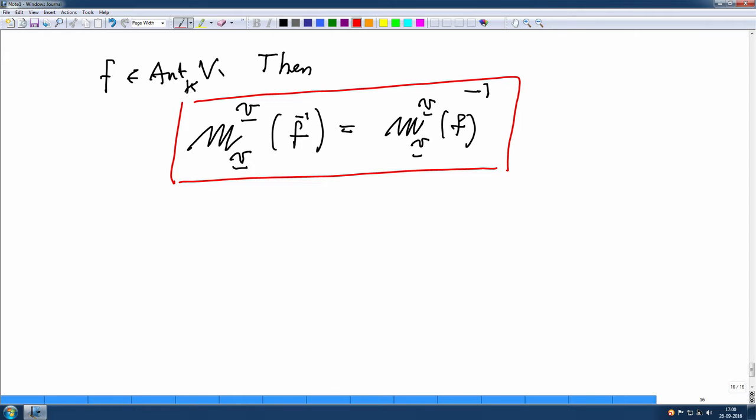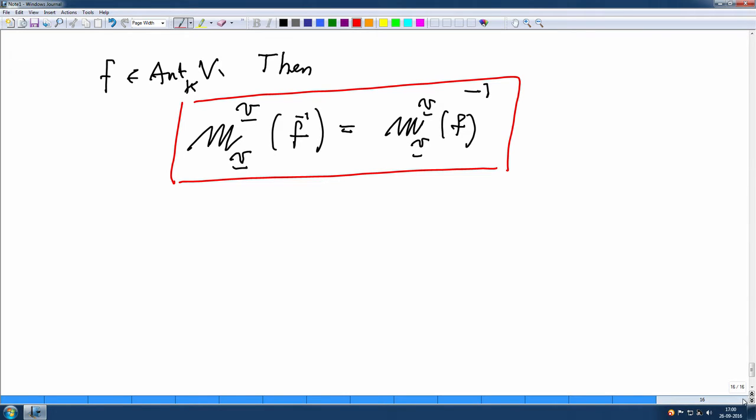Now, I just want to do a little bit about matrices. Just now I said that to check a matrix is invertible, we have to find a matrix B so that AB is the identity matrix and BA is also the identity matrix. Still, I want to do it a little bit more economically.